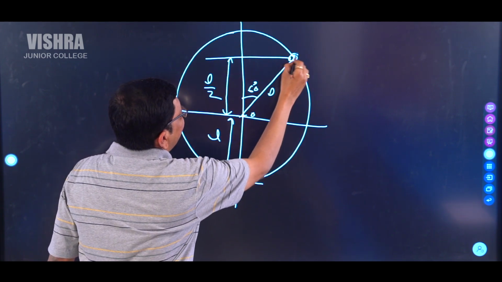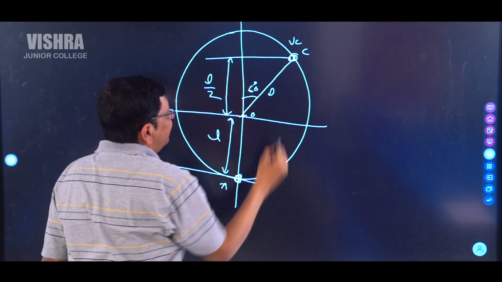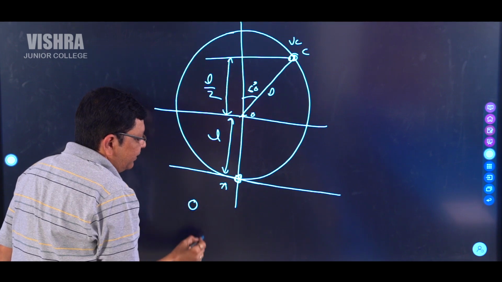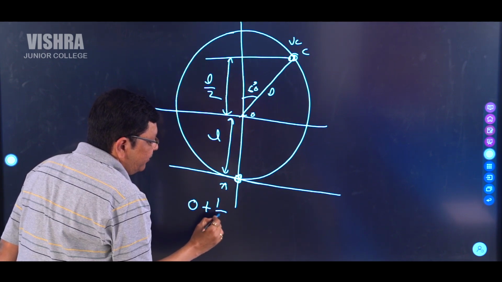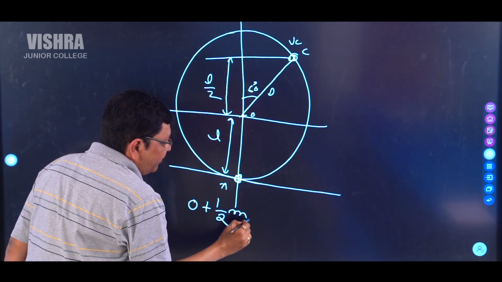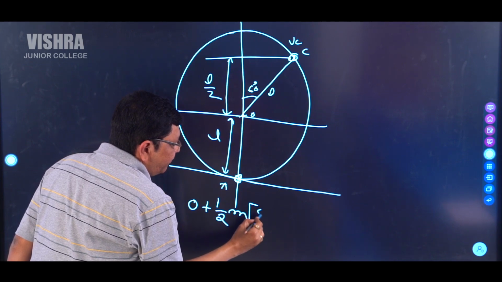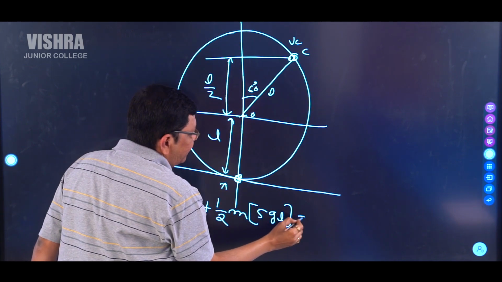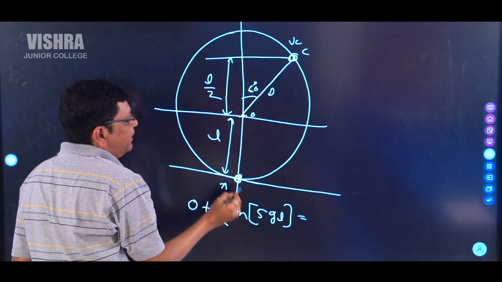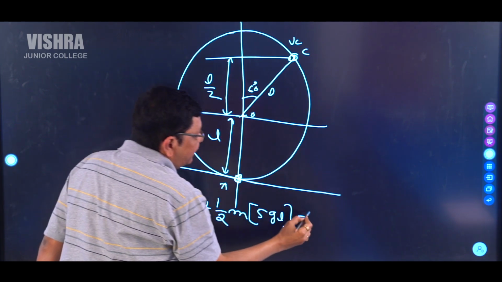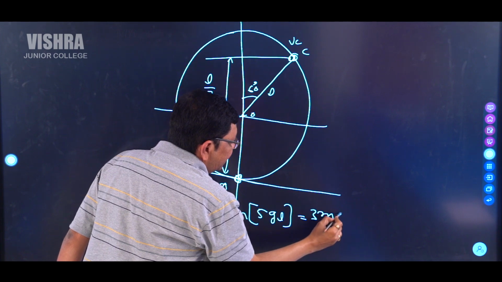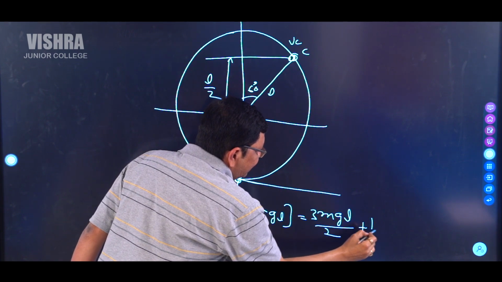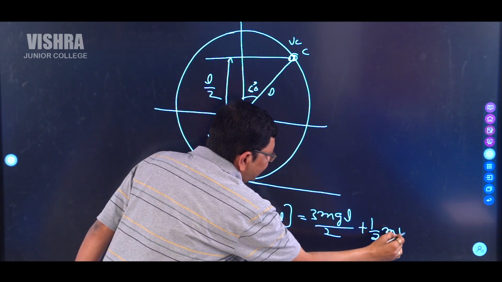If I imagine at C the velocity is V_C, again we go for conservation of energy. At A we treat gravitational potential energy as 0, and kinetic energy is half m, velocity at A is root 5gL, so V_A square, and this is equal to potential energy at C, which is mg into 3L by 2, plus kinetic energy at C, that is half m V_C square.